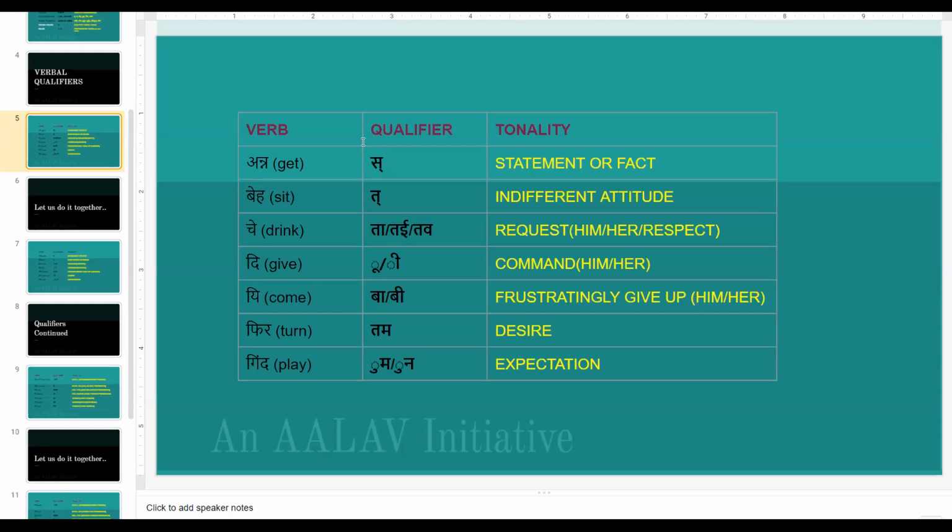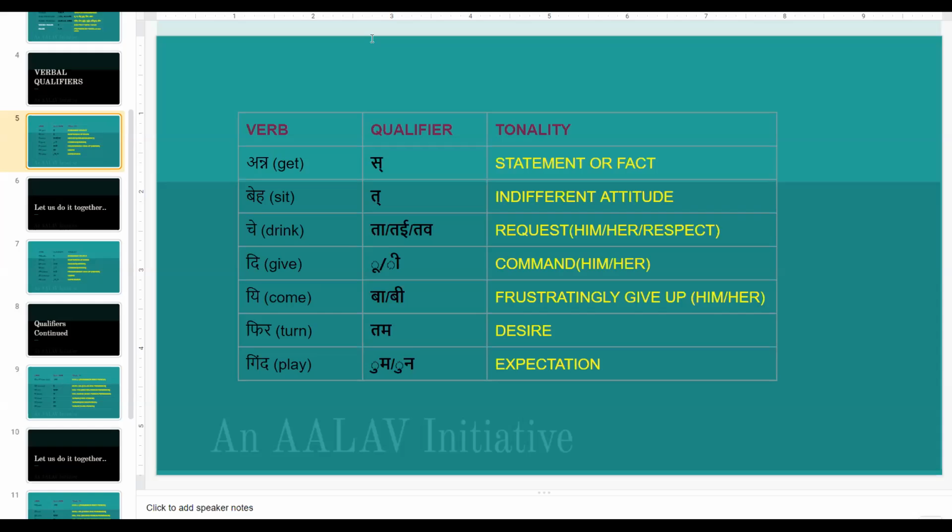Okay, so he's not doing it correctly. And firbi. Firtam, the desire: please pour this in. I desire that you pour this into the tumbler. Firu, expecting. Firun.